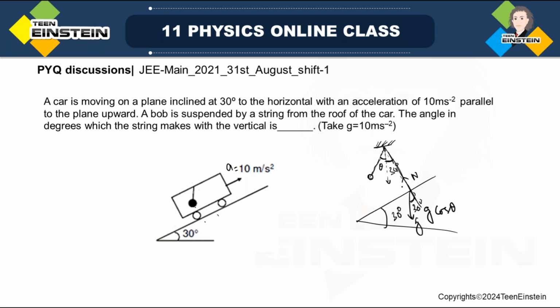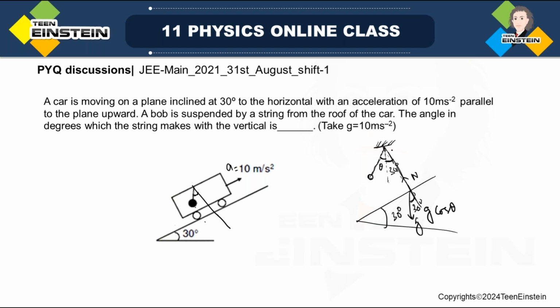Now the situation is, we have to find out the angle with this vertical, because the vertical is like this now. We have to find this angle. Originally the vertical is this one, and with this vertical this angle is 30 degrees.